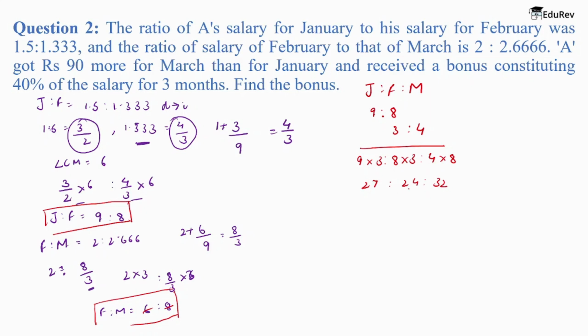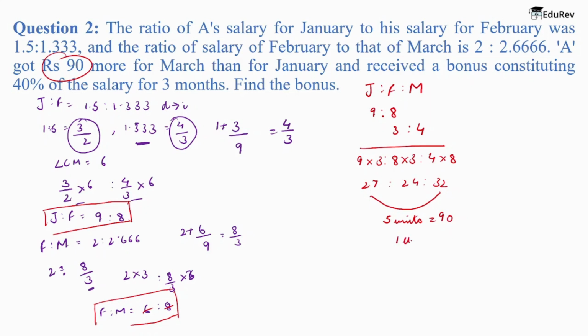Now they say that A got rupees 90 more for March than for January, right? So we are talking about the difference. The difference in the ratio here is of 5 units, and which is equal to rupees 90.